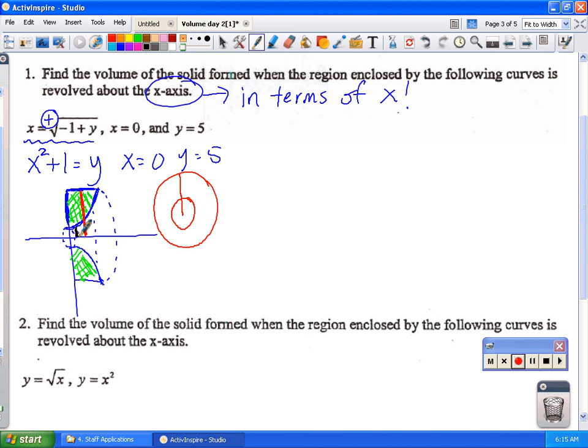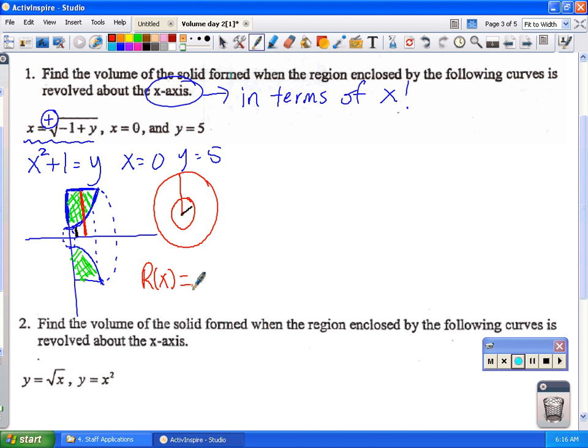So if you look over here at the circle that I created, the radius that we just found is the distance from the axis of revolution to the inside circle. So we have a big R and a little r, and in this case, the radius of my big circle is in red. So R of x, as we stated before, is the distance from the x-axis to the outer curve.